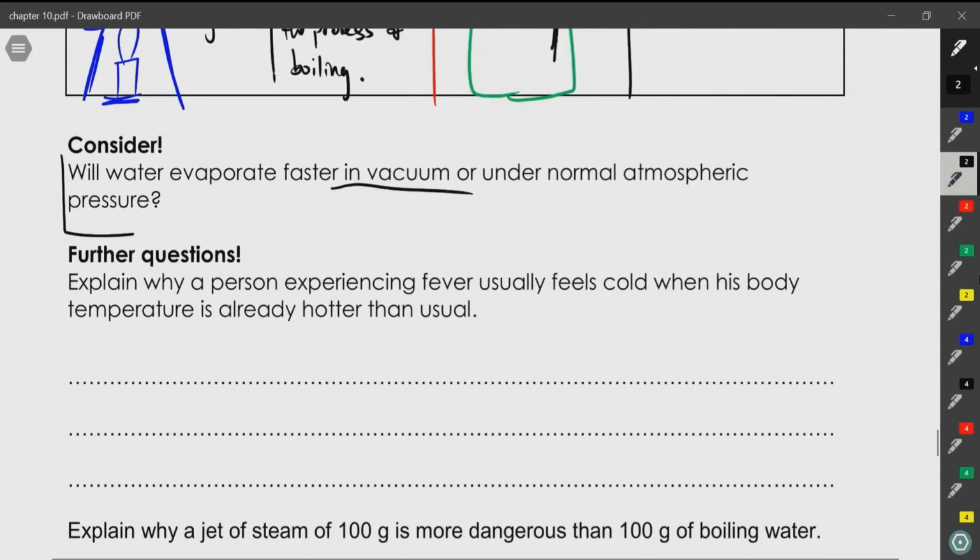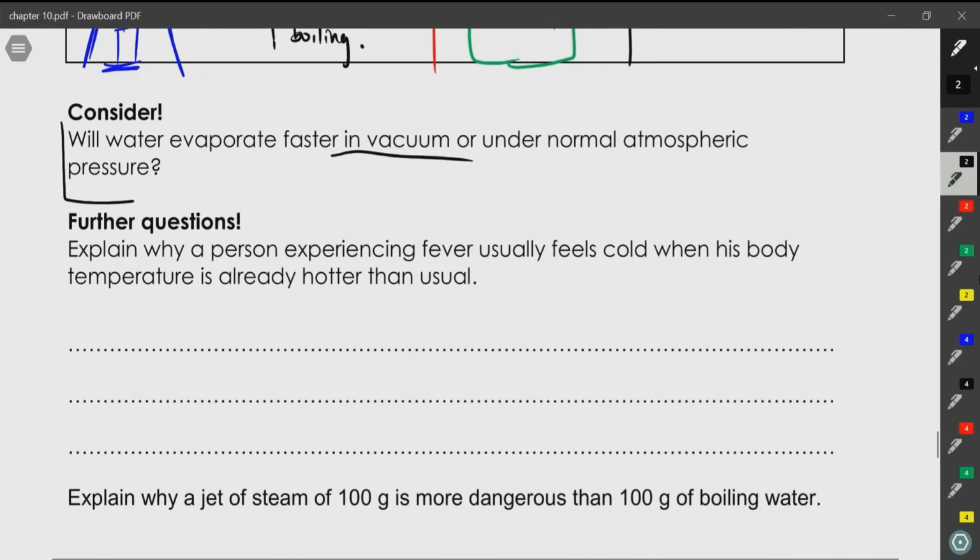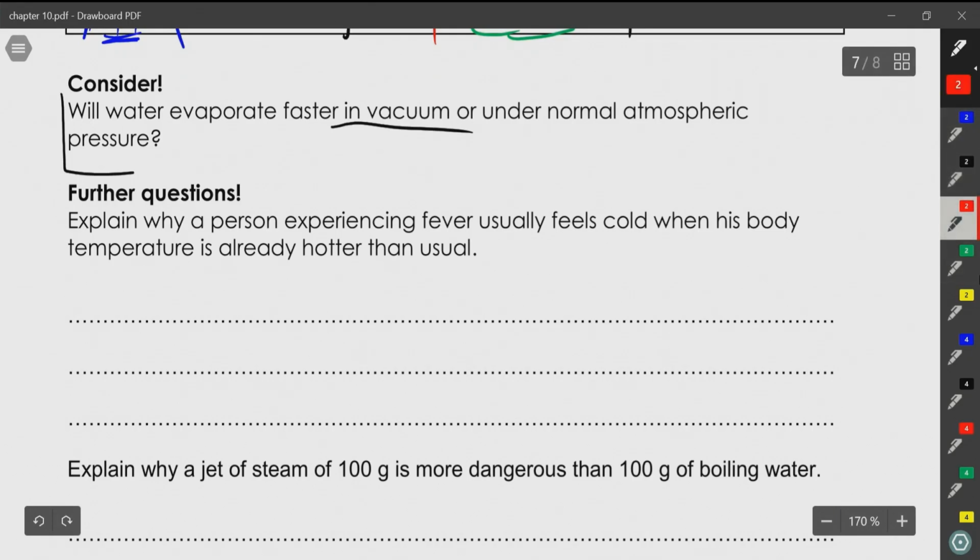Now explain why a person experiencing fever usually feels cold when his body temperature is already hotter than usual. So we have to define why anyone would feel cold. Remember the experiment we did in class. We feel cold when heat exits from our body.